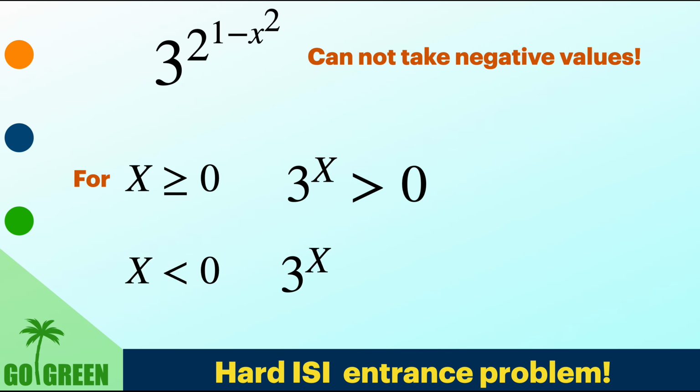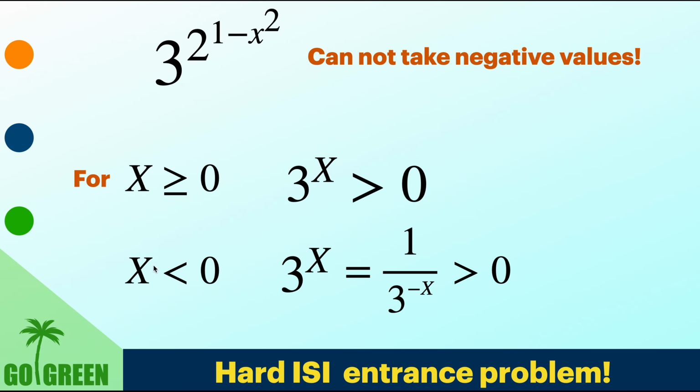If X is negative, then 3 to the power X can be written as 1 by 3 to the power minus X. But if X is negative, minus X is positive, and 3 to the power minus X will then be positive, and 1 over some positive number is always positive. So for any X, less than 0, bigger than 0, or equal to 0, 3 to the power X is always positive.